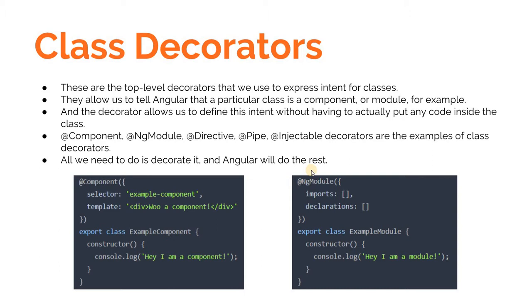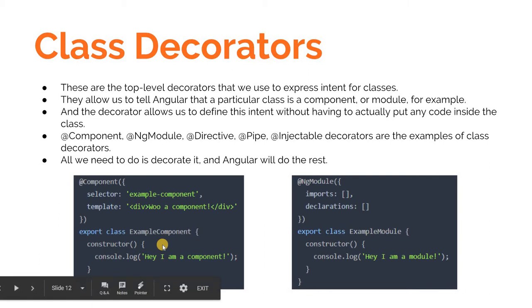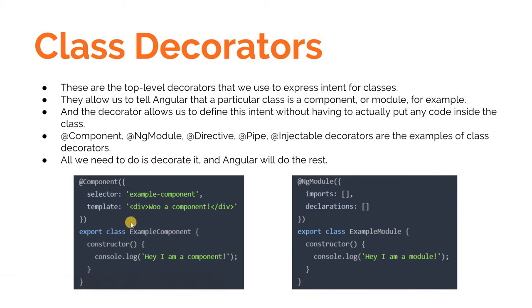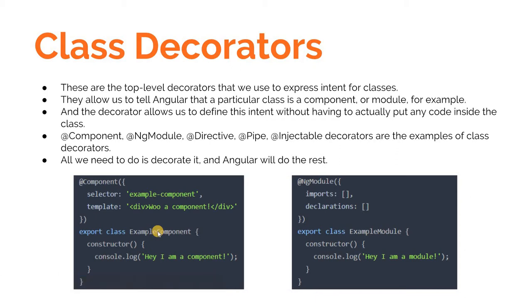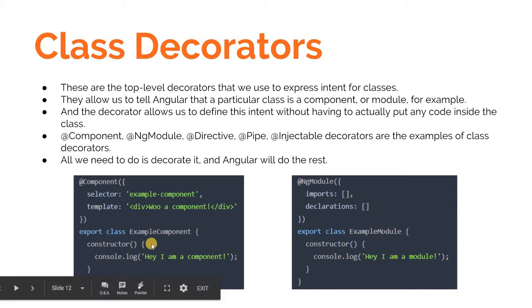These allow us to define this intent without actually adding anything to the class specific to our intent. For example, in this class ExampleComponent here, we aren't specifically mentioning anything related to it being a component.